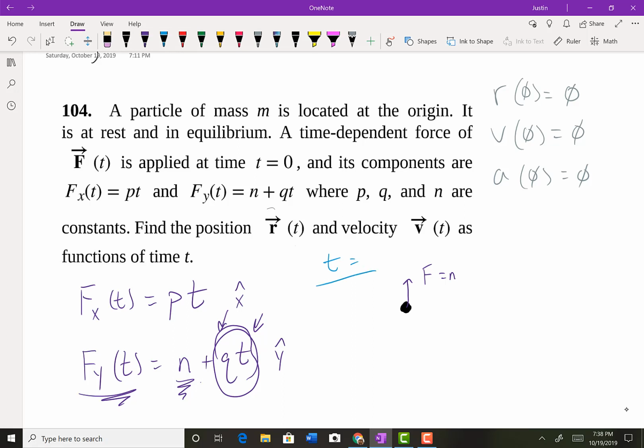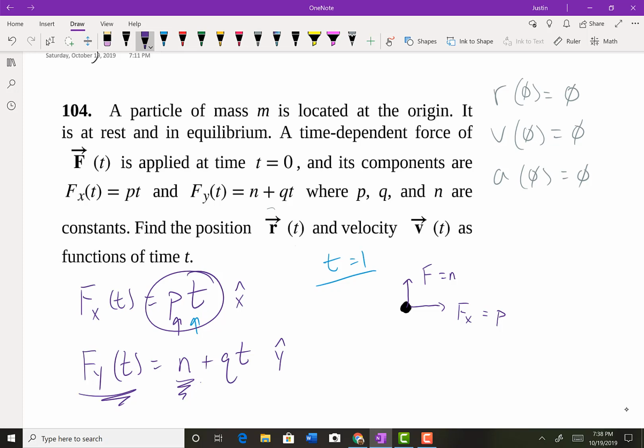But then, when t equals 1, I'm going to have a component of the force along x equal to p. So I would go this way. There will be a force in the x direction, and it'd be equal to p, because t equals 1, so 1 times p is just p.